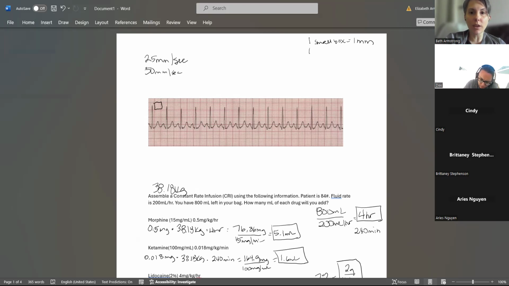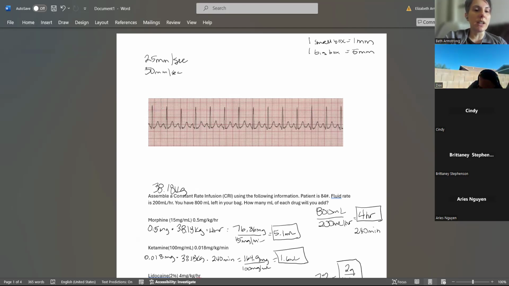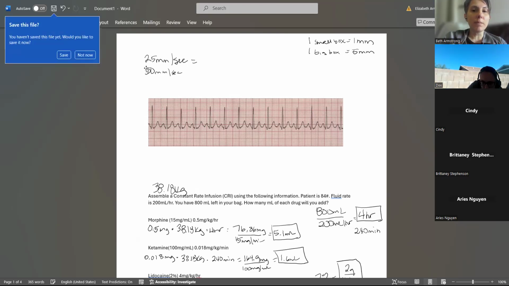So 1 big box equals 5 millimeters. When we're counting seconds, we need to know these because this is how we're going to get our time. So how many big boxes are in the 25 millimeters per second?